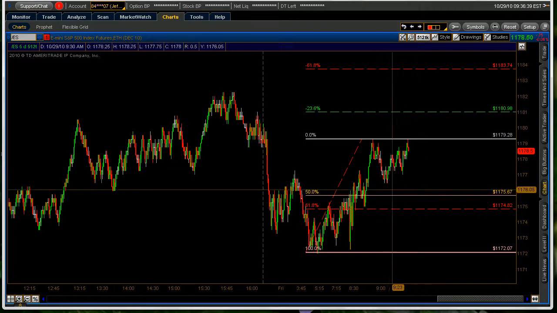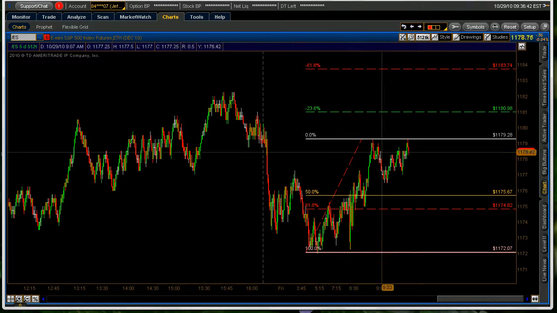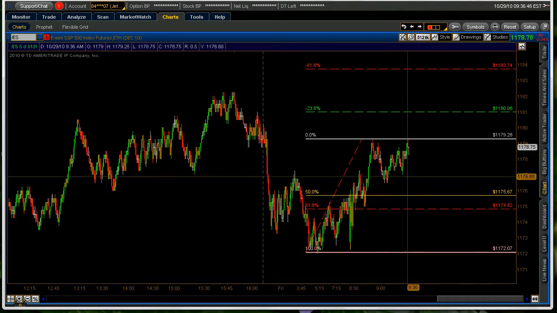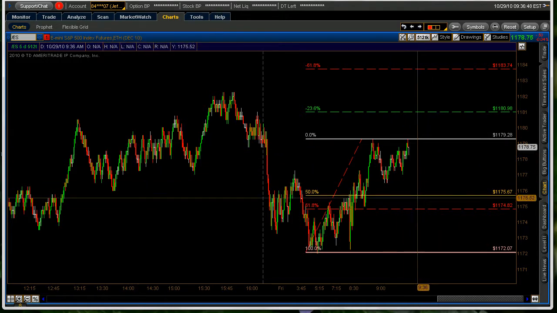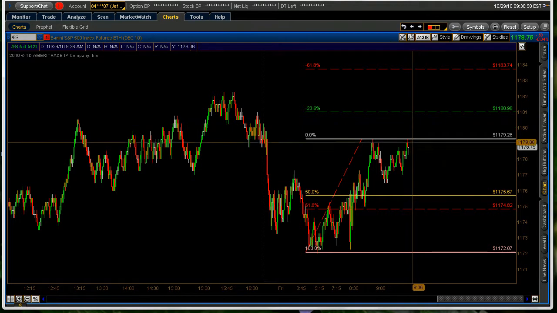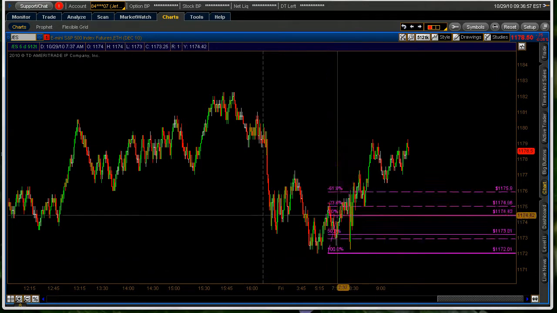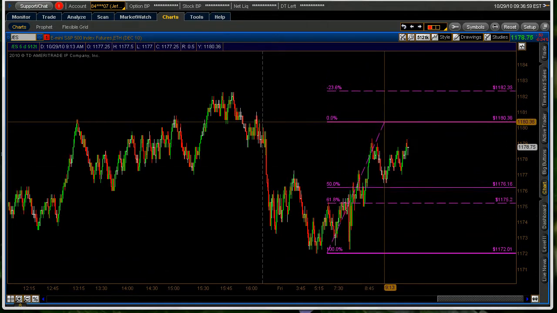Okay, so this is what a tick chart looks like, and we have not pulled back into our 50% retracement. So we might make a new high here, and then I'd have to redraw somewhere up here and wait for my retracement.